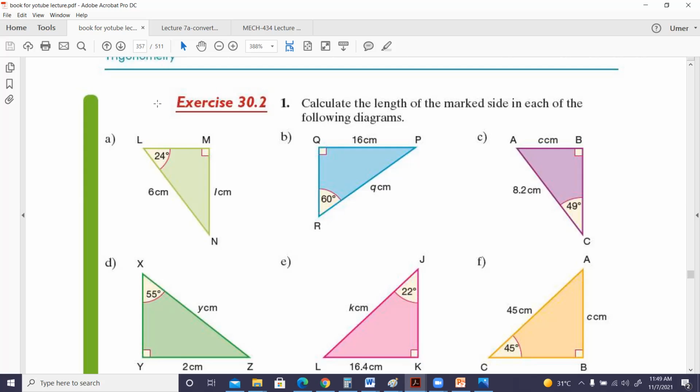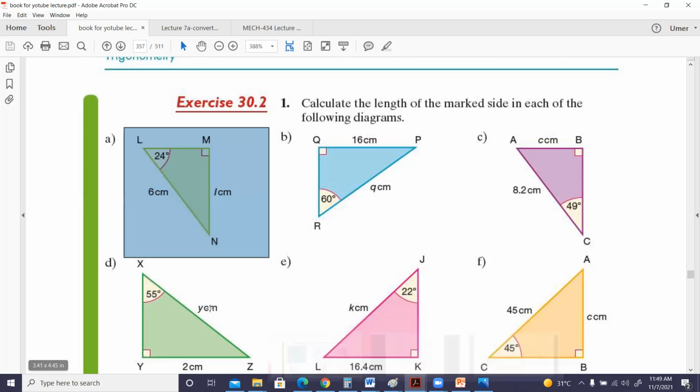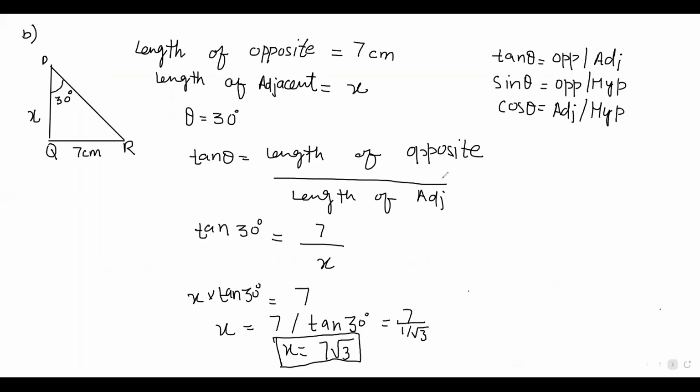I will be solving question A. Let's move to the whiteboard. I already have drawn the picture in the whiteboard so that I can save time.